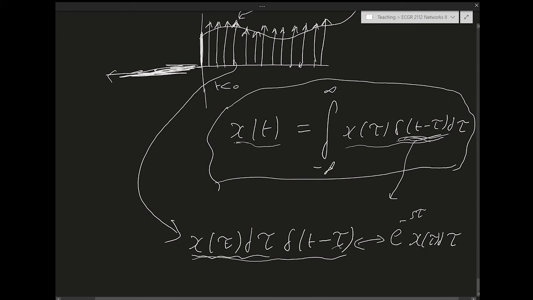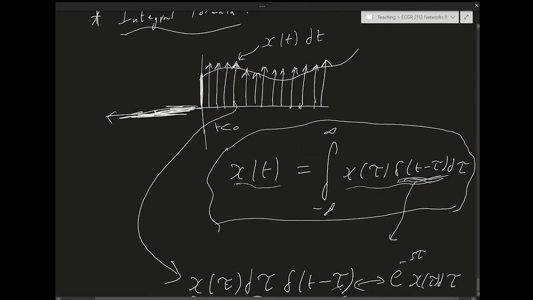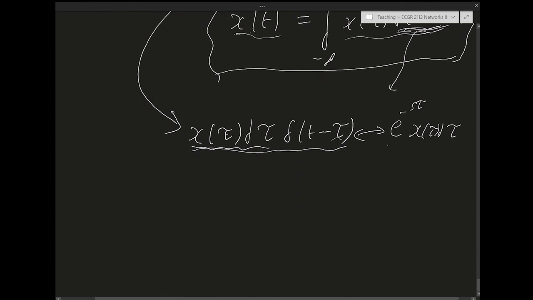But from linearity, we know that the function is the sum of all those impulses. So the total Laplace transform will be the sum of all those results. So the Laplace transform of any general signal x of t is going to be this integral. It's going to be the sum of all of those.